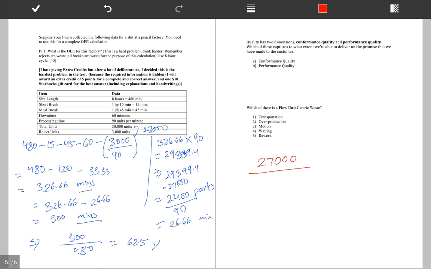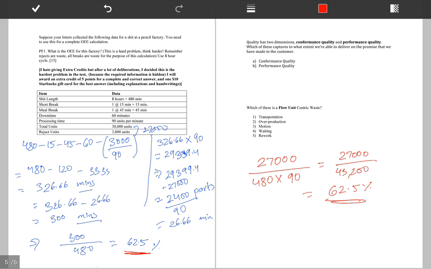They should have been able to produce 480 multiplied by 90 if they worked hard all 480 minutes, which comes out to 27,000 divided by 43,200, which should also equal 62.5%. So whether you use pencils or time, you should get the same 62.5%.